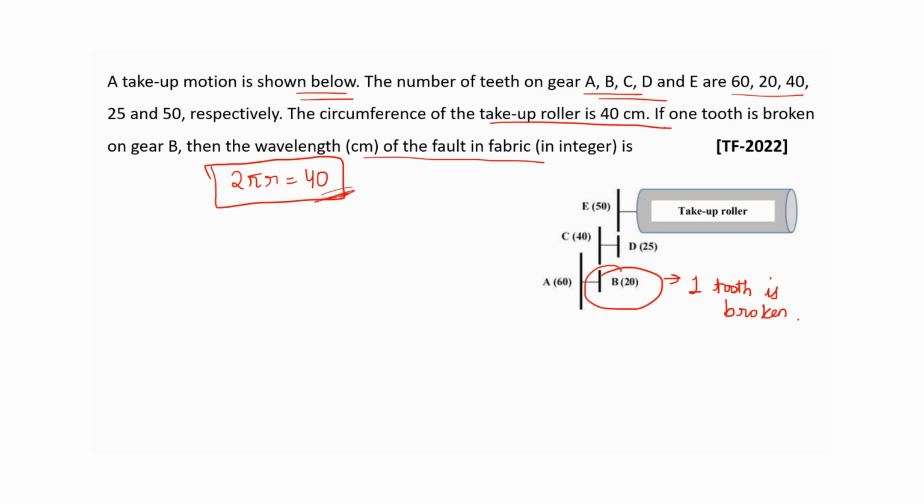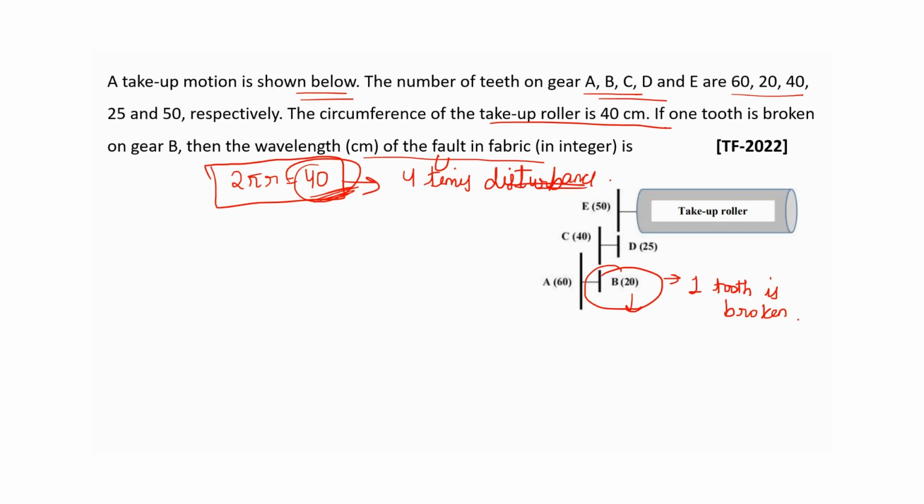That means that if the circumference is totally 40 centimeter and one tooth is broken here, then this 40 can be said to be 4 times the disturbance.